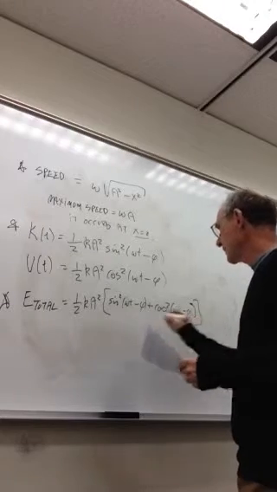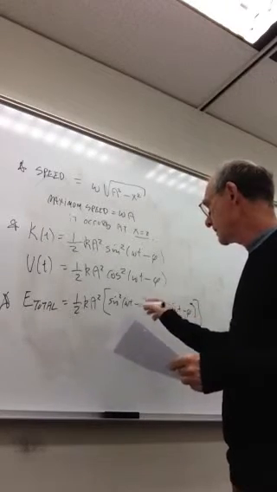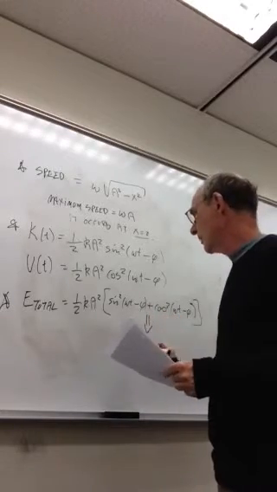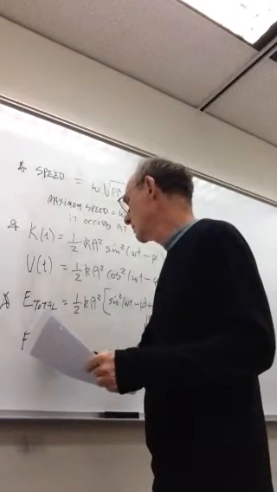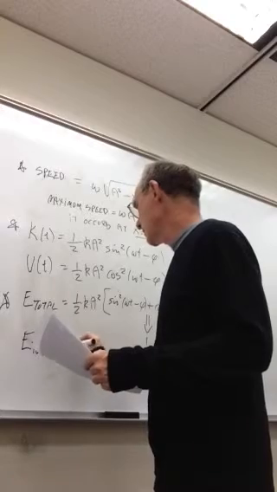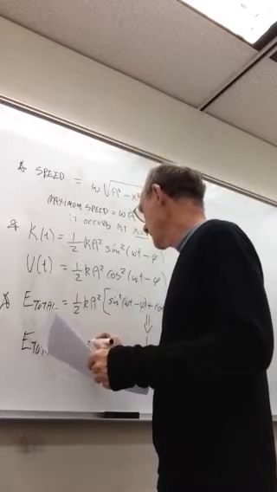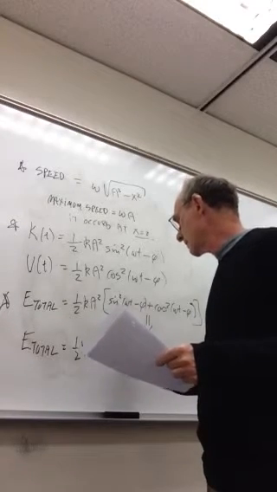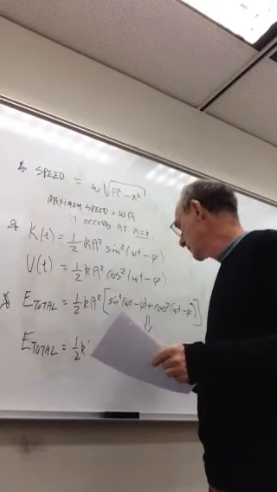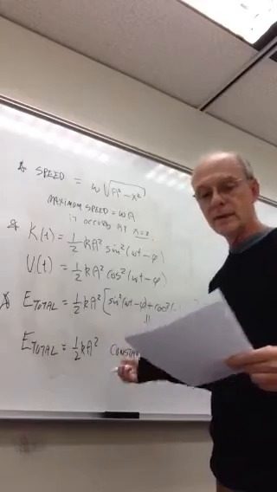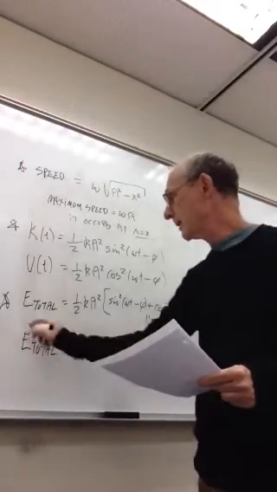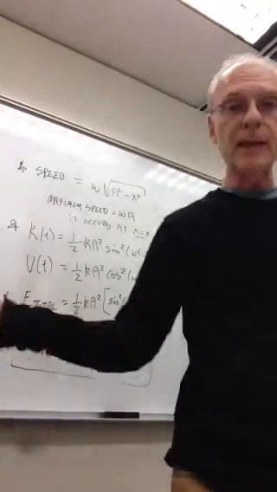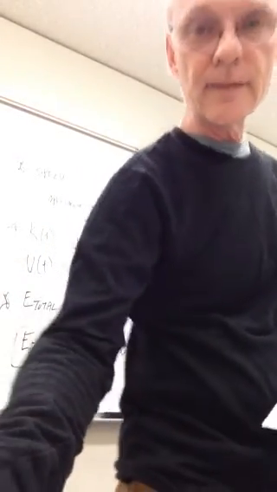And it doesn't matter what the time is, because sine squared plus cosine squared of anything is always equal to 1. So E total is equal to 1/2 k A squared, the total energy in the system. And it is constant with time. It does not change, which is a fundamental result of simple harmonic motion and mechanics. Thank you.